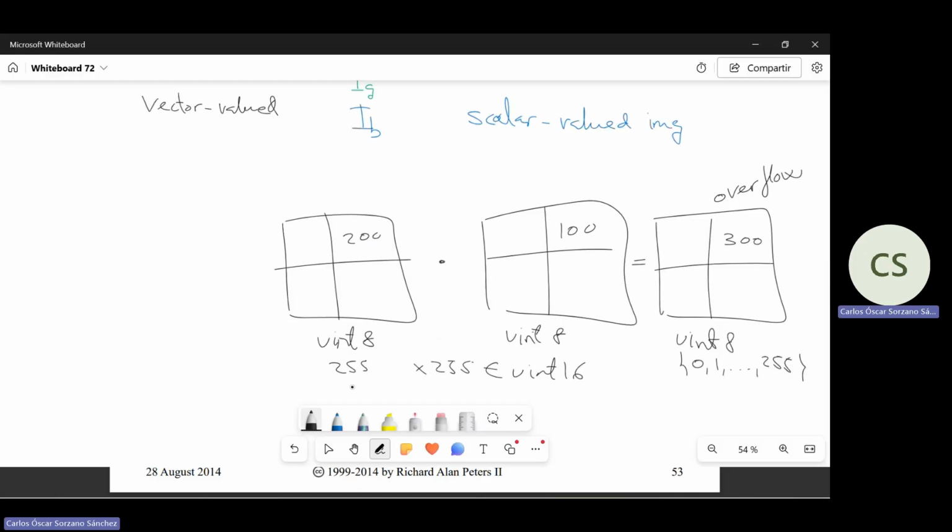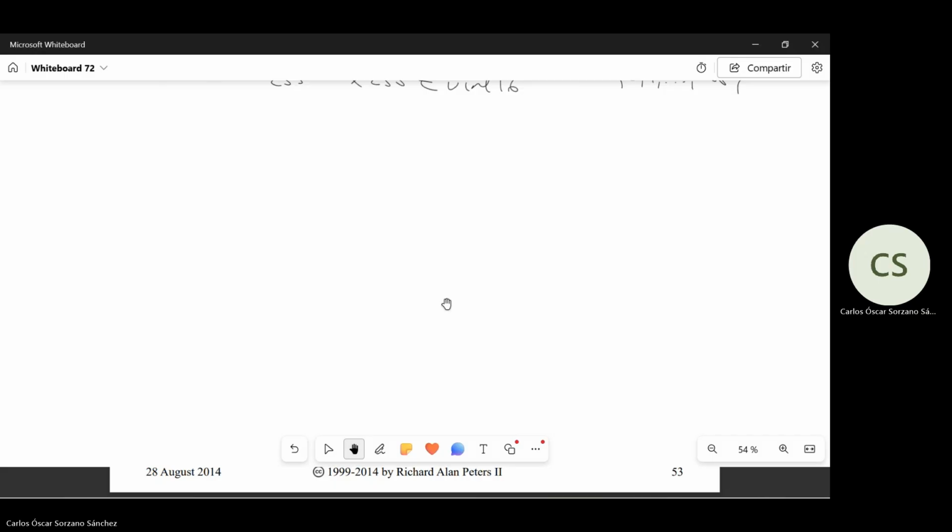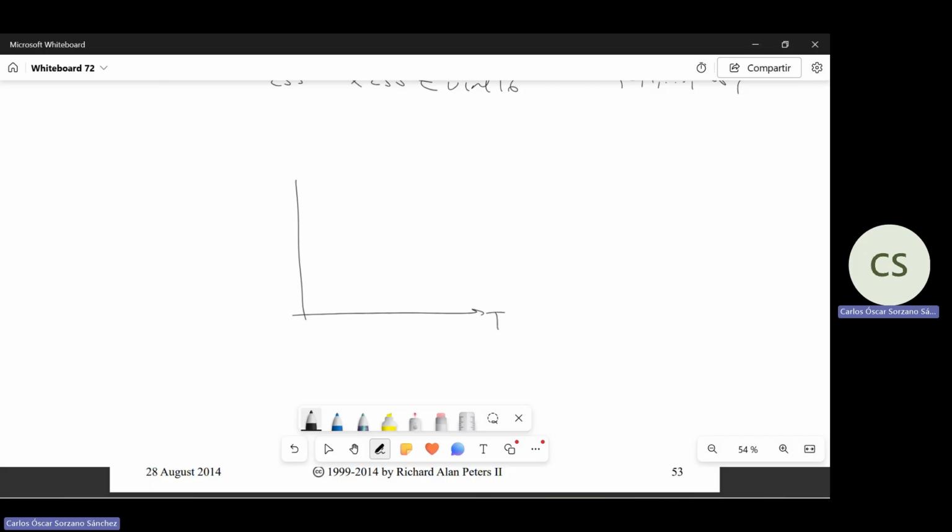Okay, so let's say that this is the multiplication image, so the multiplied image, and it goes, I don't know where, but it goes, let's say, to 60,000, and the smallest number is 200, let's say, okay?